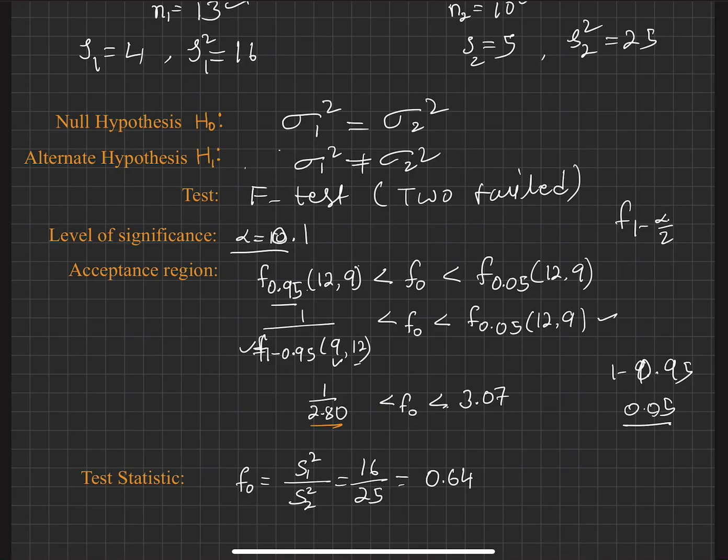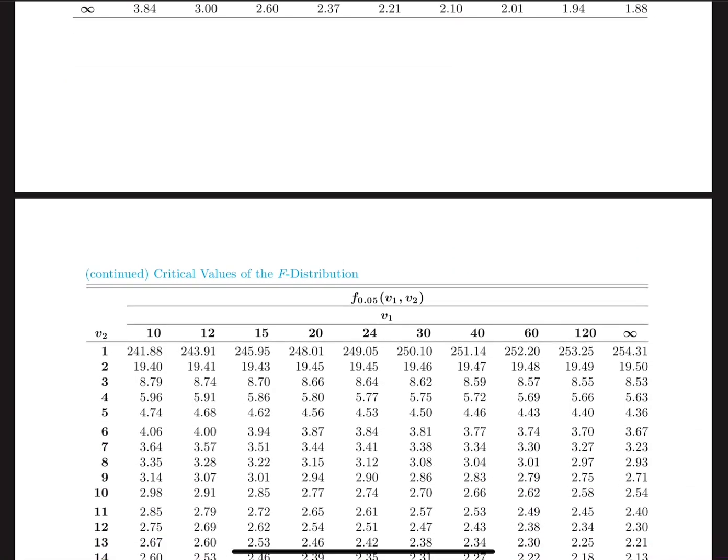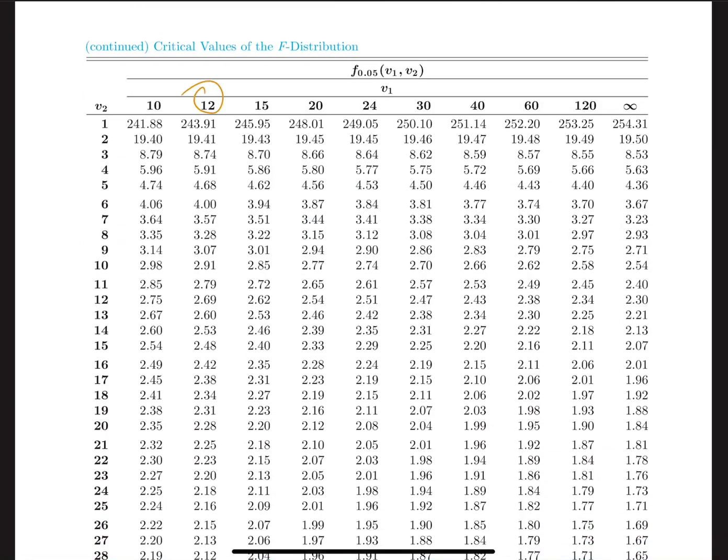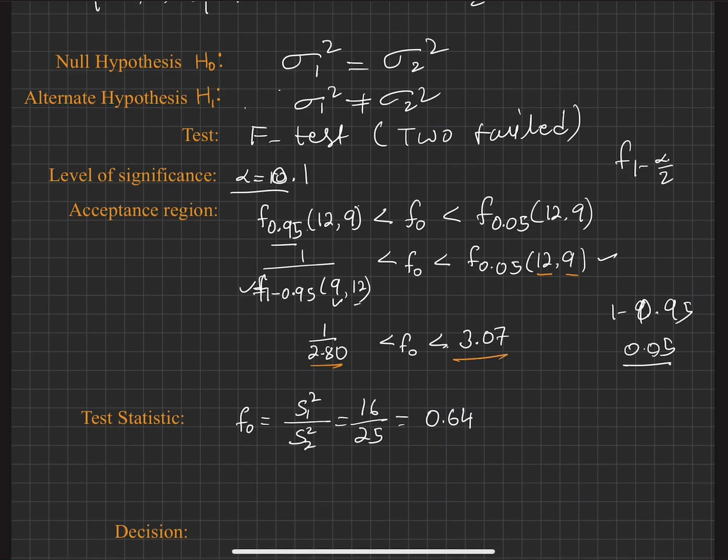So here the denominator term is 2.80. For the right hand part, V1 is 12 and V2 is 9. Again I will go back to the table. Here up to 9 is there, so I'll move on to the next table. Here I have V1 as 12 and V2 as 9. The corresponding value is 3.07.